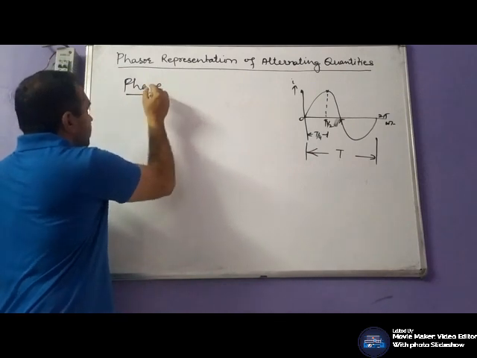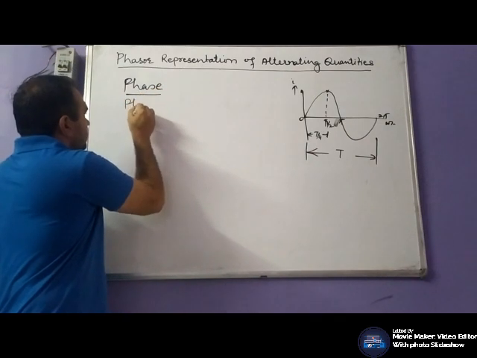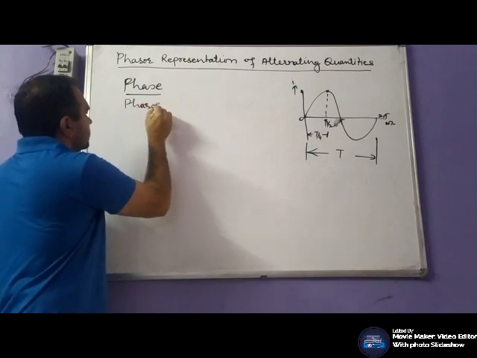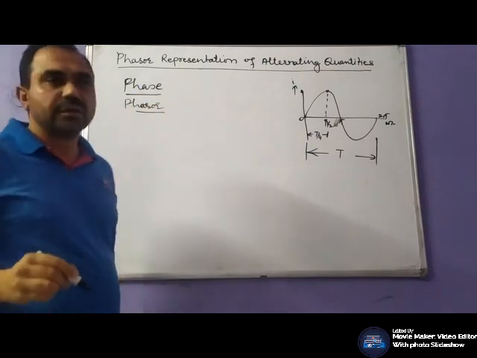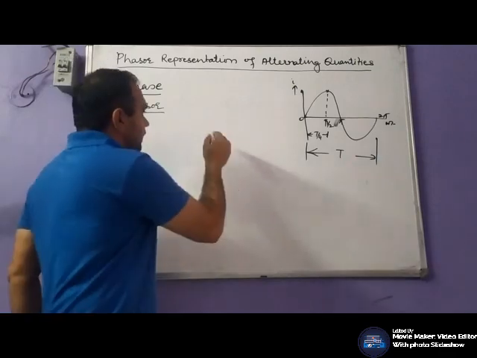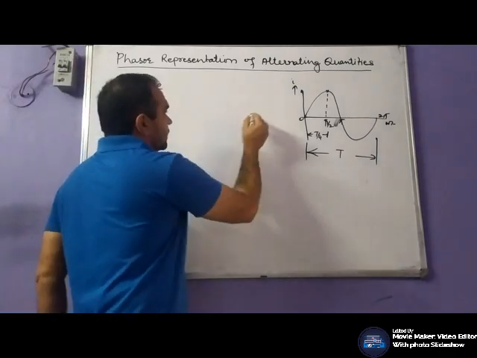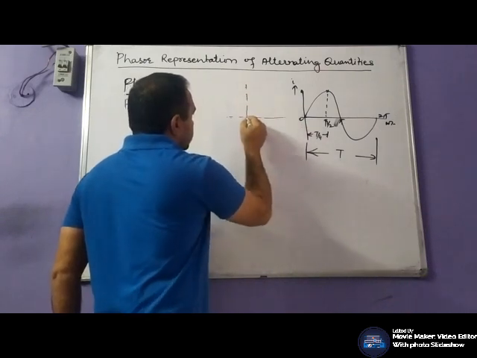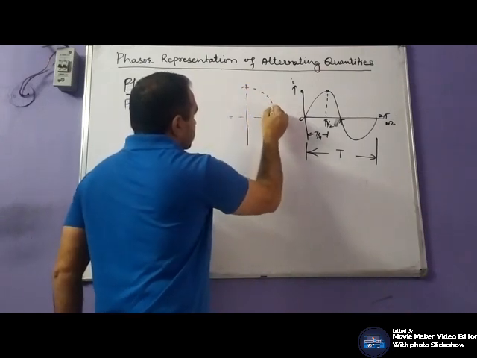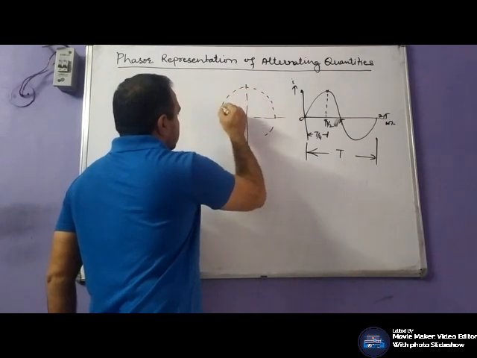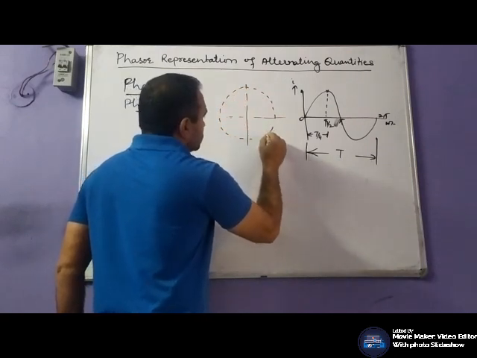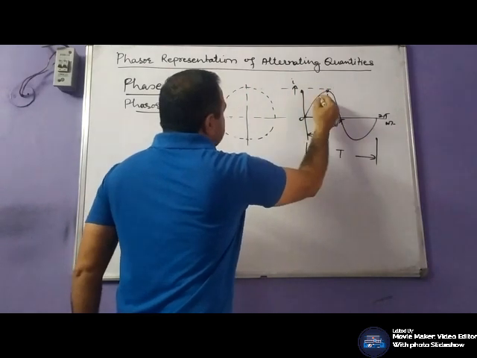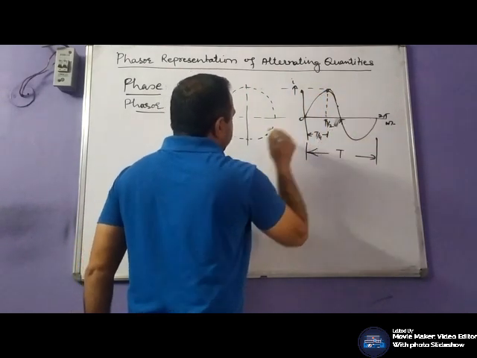Next is phasor. Phasor is a line of definite length whose length is equal to the maximum value of the alternating quantity.